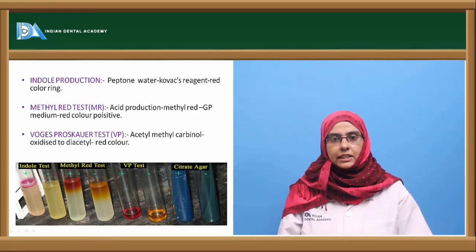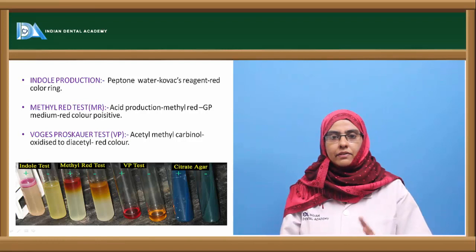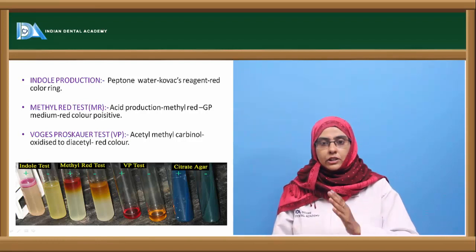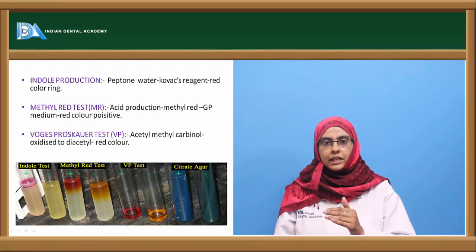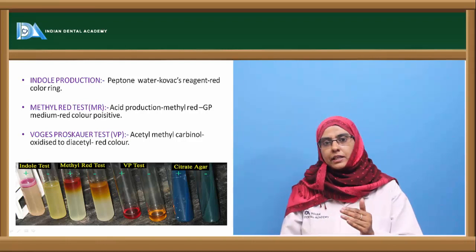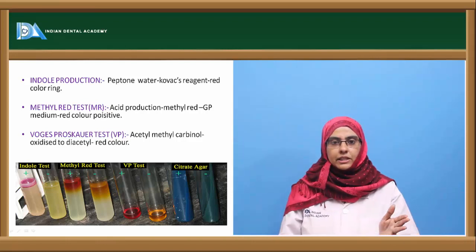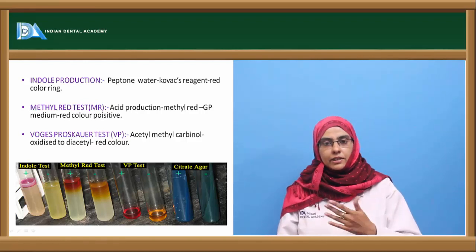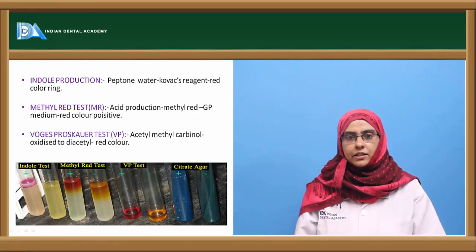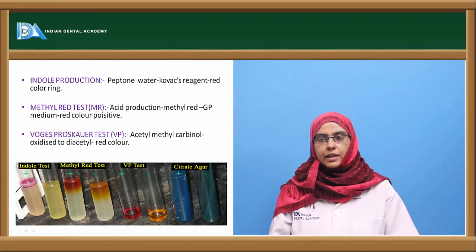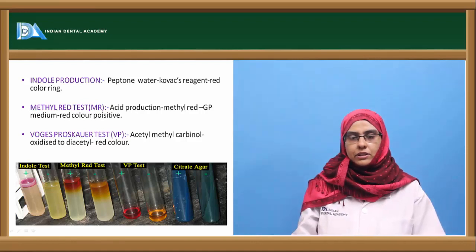The reagent that is added is called Barritt's reagent consisting of alpha naphthol and KOH. When this is added, initially the color changes to pink in 2 to 5 minutes. It deepens to around magenta and crimson in half an hour. When there is no change in color, that means it is negative. Positive is usually pink in color. That is the Voges-Proskauer test.